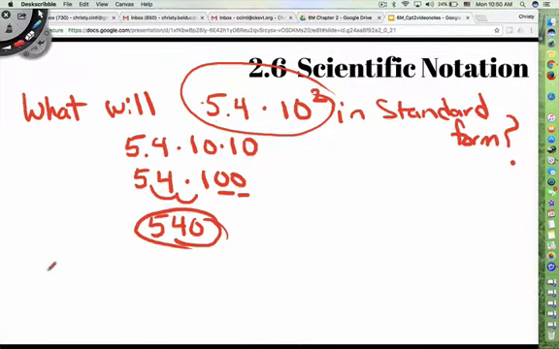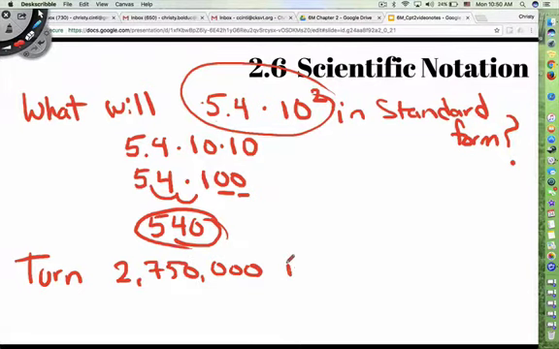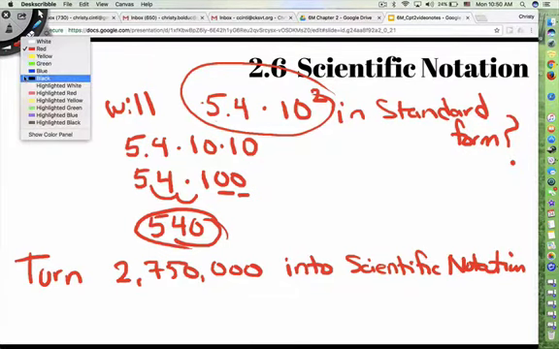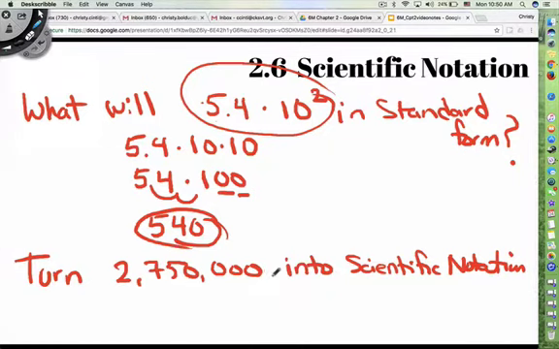You may be asked to turn 2,750,000 into scientific notation. And what you would do, I'd like to change colors for a second, is you would say, okay, so here's the decimal now.